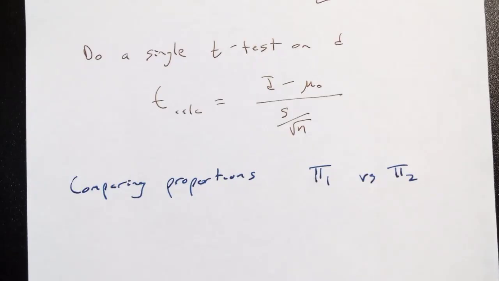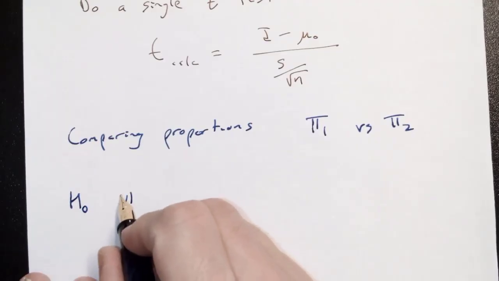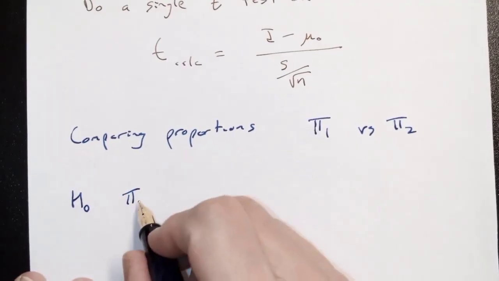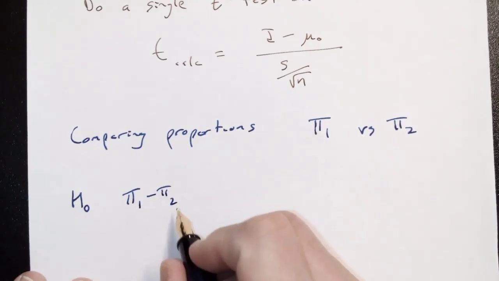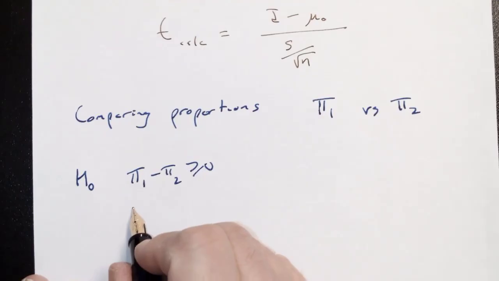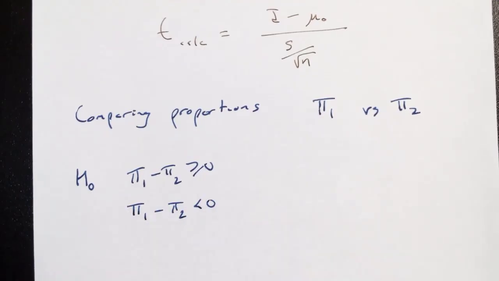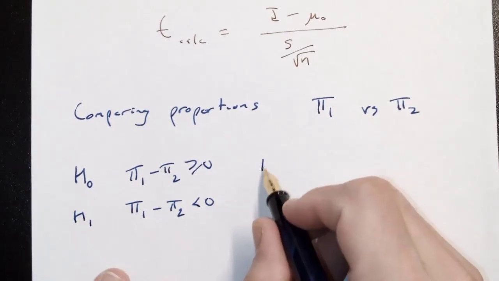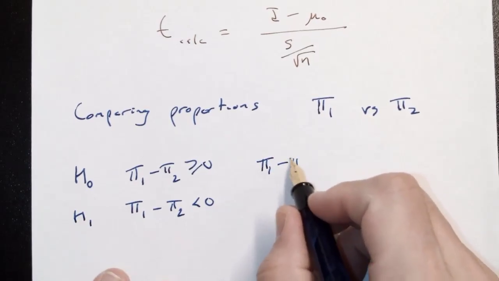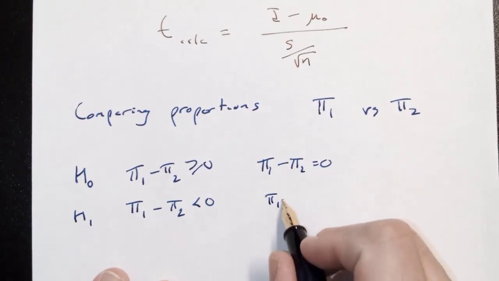But again, I have a right tail test, a left tail test, and a two tail test. So my null hypothesis could be that the difference between my populations is big, or it's not. It could be that the difference between the populations is 0, or it's not.